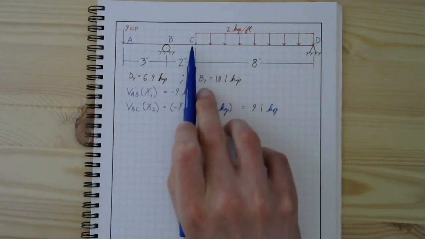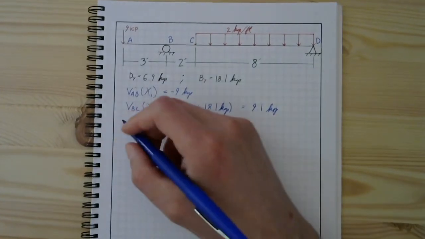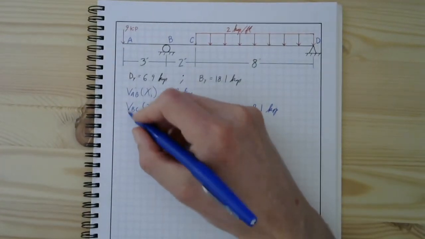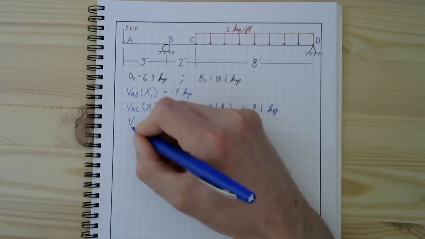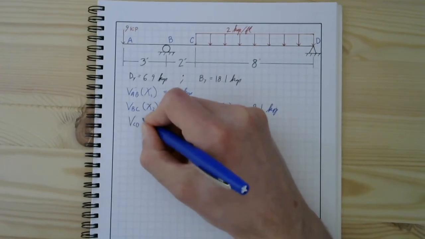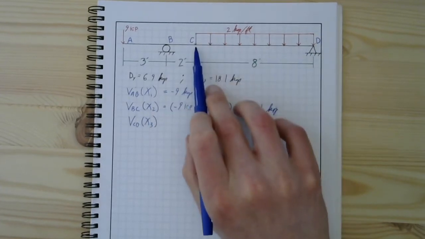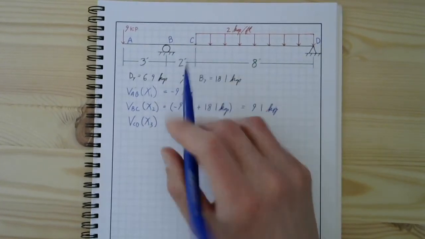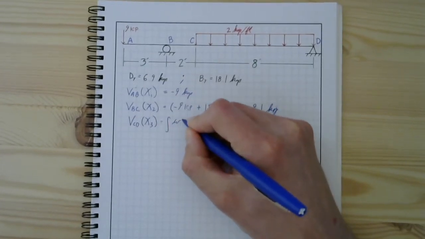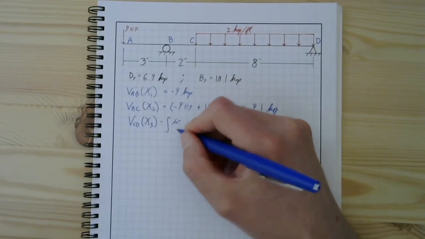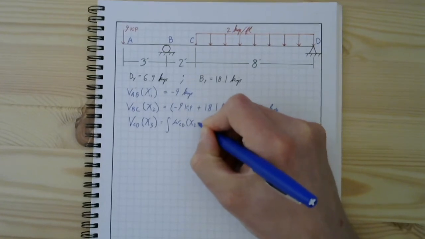Now, from C to D, it is going to be a little bit more involved. We may wish to use the fact that the shear from C to D as a function of x3, with x 0 at C, is going to be equal to the integral of the distributed load function from C to D as a function of x3.